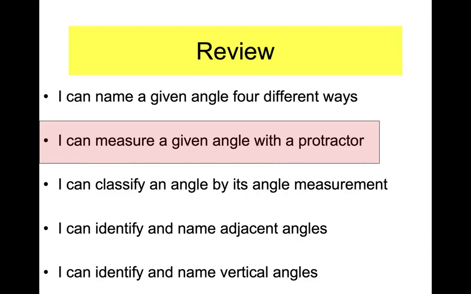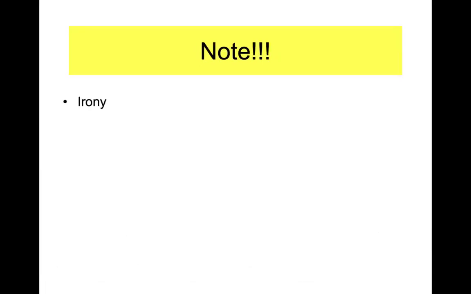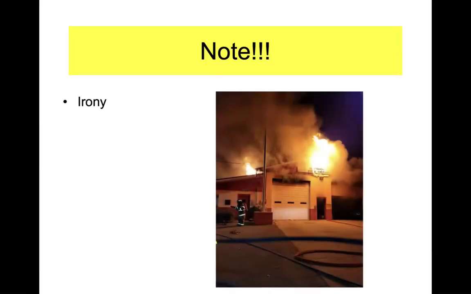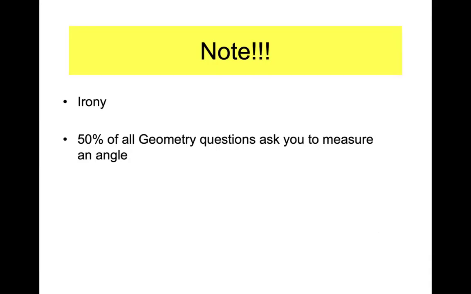All right. For the rest of the class, this is the key. You guys know what irony is? Fire department burning up, that would be irony. 50% of all the questions asked in your geometry book simply say, how big is an angle? And the irony there is that 99.9% of the time, they don't want you to use a protractor.